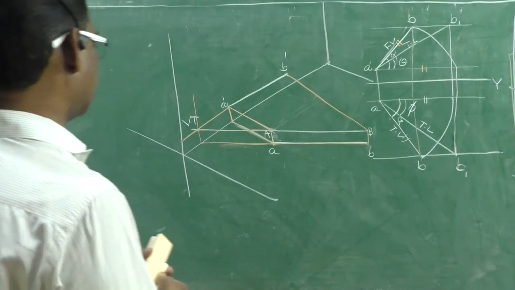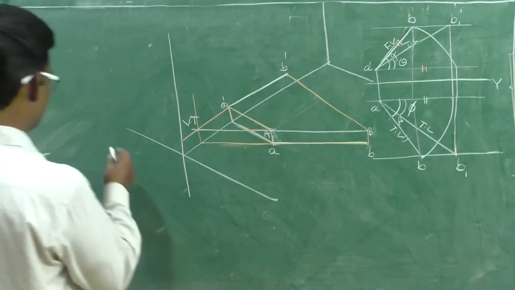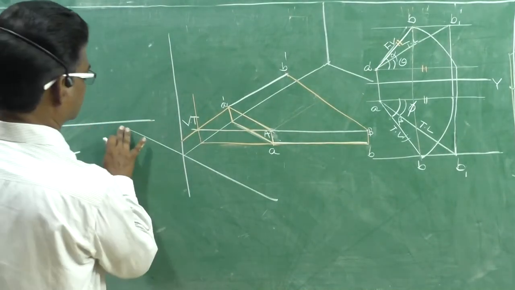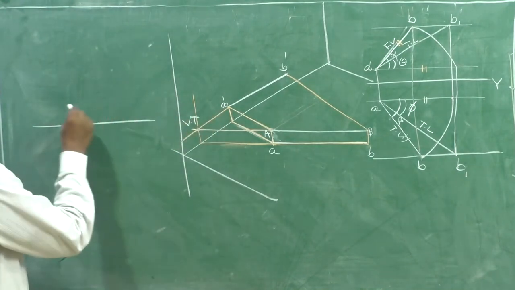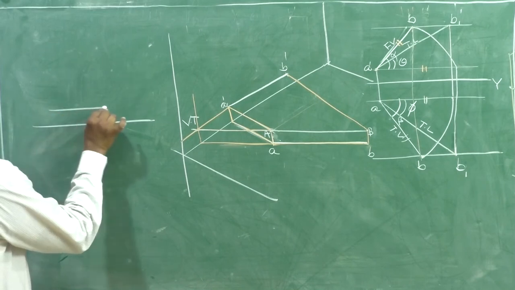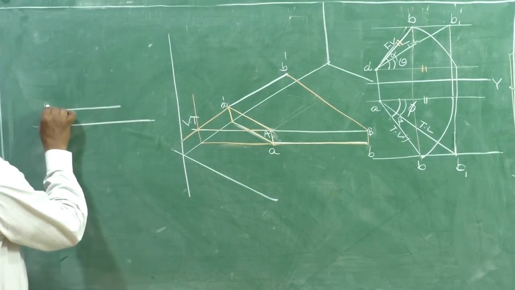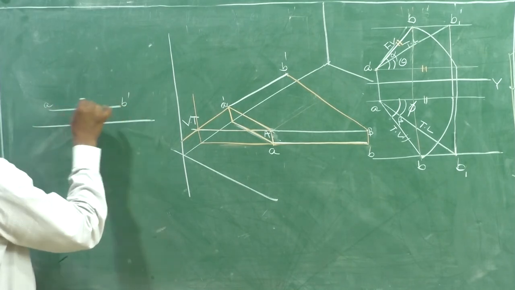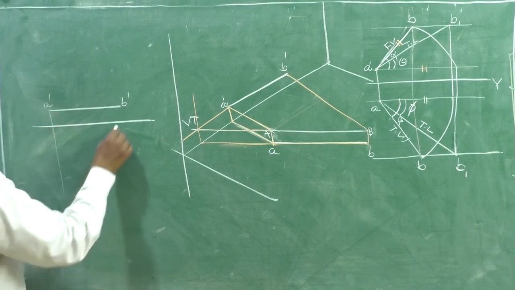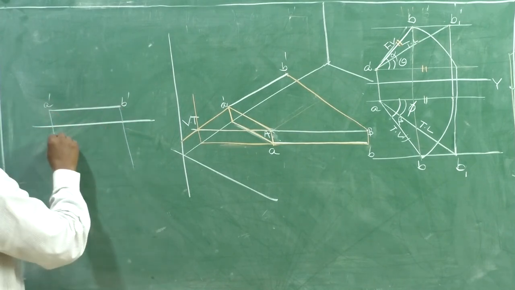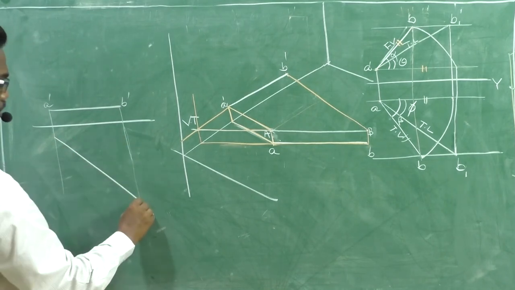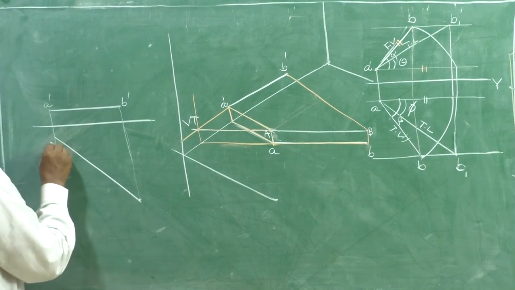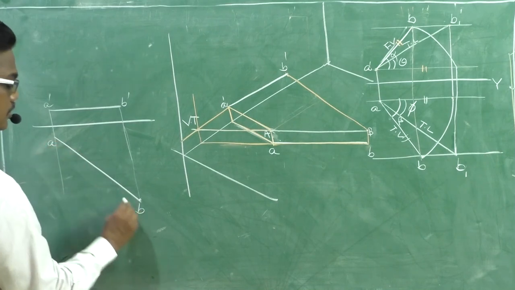Now I will show the same. Suppose this is the reference line, and the front view and top view. This is the front view, A, B, A dash, B dash, and this one is the top view, A, B. Right.